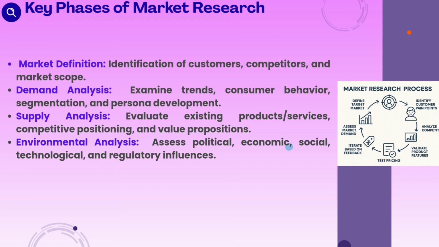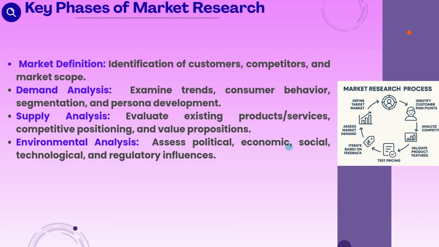When conducting market research, there are several key phases to follow. First, market definition, which means identifying your consumers, competitors, and the overall scope of the market. Next, demand analysis, where we look at trends, consumer behaviors, and market segments and create customer personas.